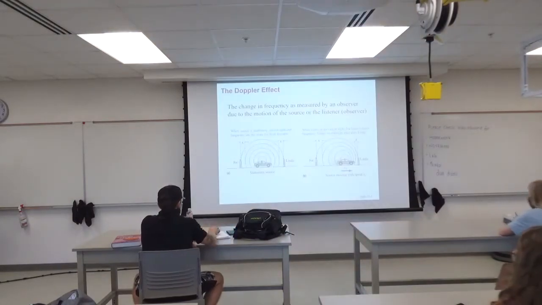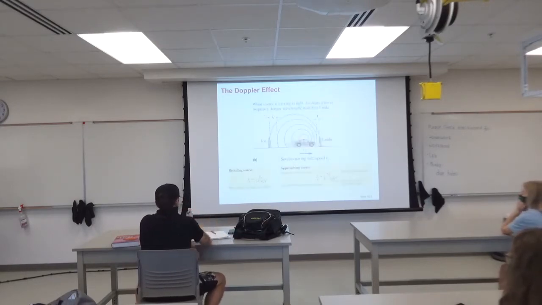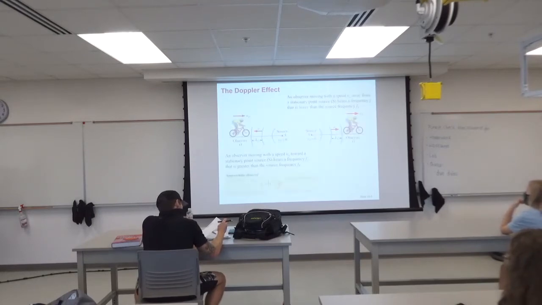We saw a couple of cases where either the source of the sound or the observer was moving relative to each other, and we saw 4 different formulas. This is the formula when the source of the sound is moving relative to the observer, and these two are the formulas where the observer is traveling relative to the source.